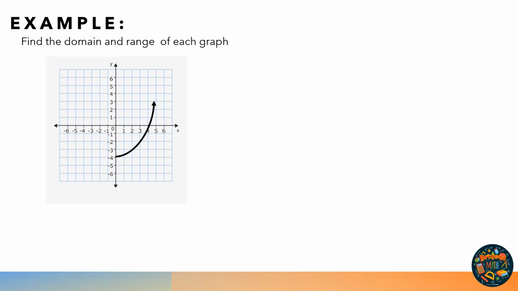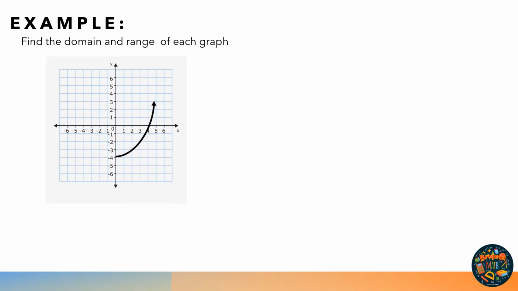Next graph. So, tingnan natin ulit yung kanyang arrowhead. Arrowhead here indicates that the graph of the function extends to the right, nag-extend dito papunta sa right, ng walang hanggan, and upward din without bound.